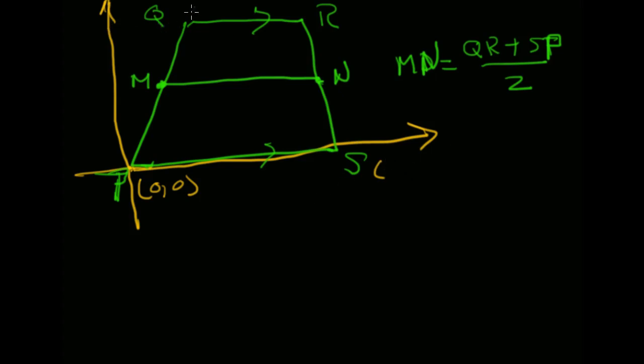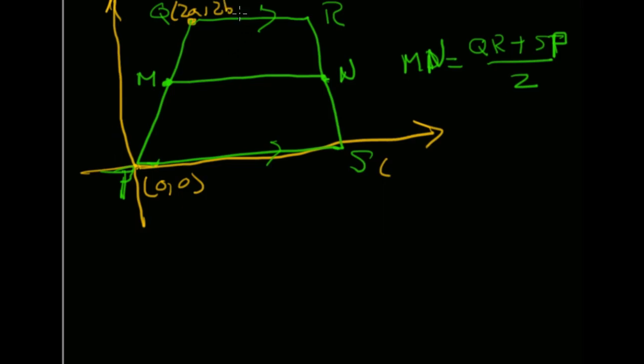Let's make Q at (2A, 2B). So to get to Q, you have to go to the right 2A units and then up 2B units. And then R is going to be here at (C, 2B).